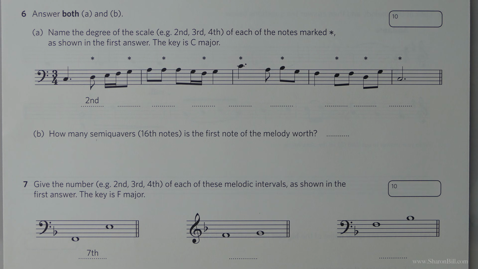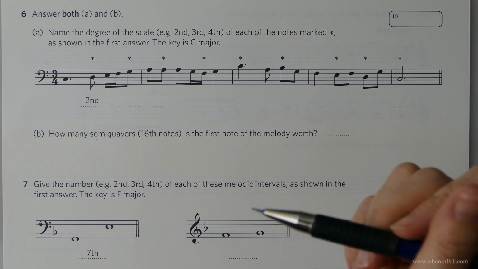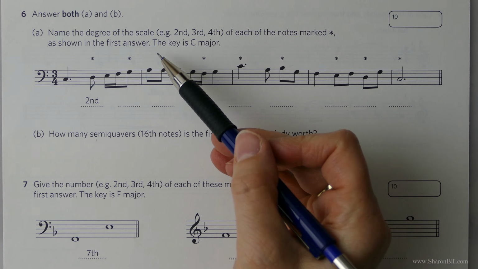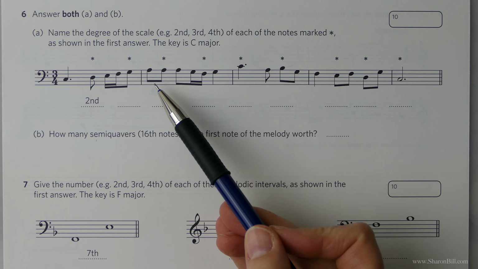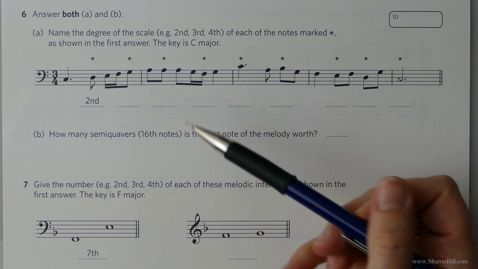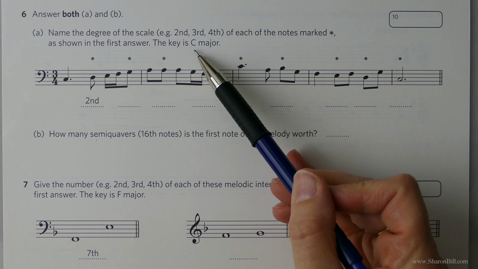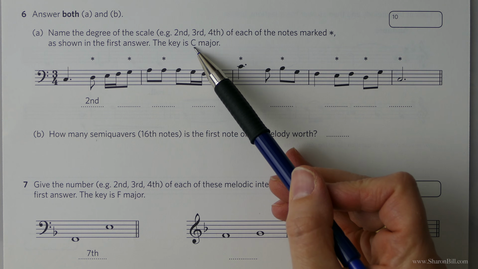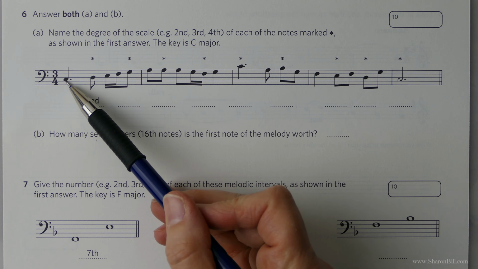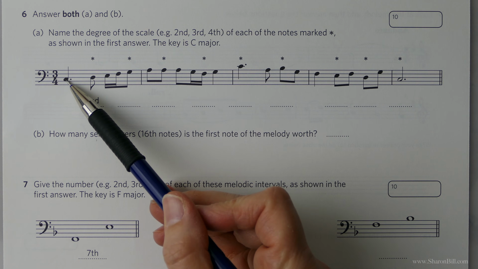We have some work to do on the degrees of the scale, and we need to name the degree of the scale on each of these notes marked in this little extract. We're in C major, so we're always counting C as note 1. We just need to be careful to remember that C is the first, and we count from that. Here they've given us a C helpfully to start from.